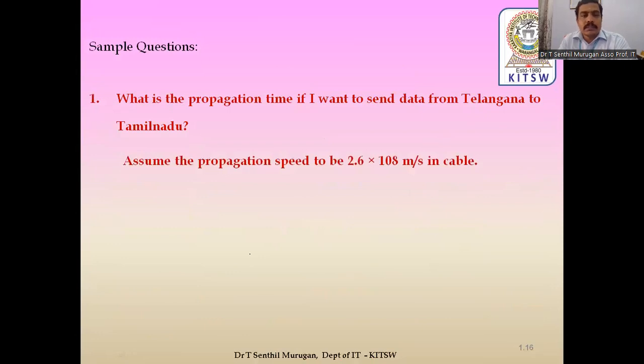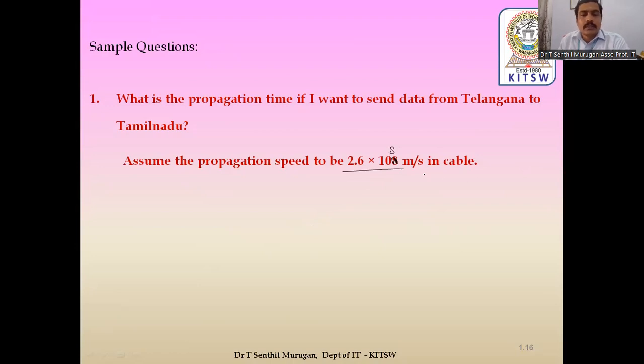Some sample questions for that. What is the propagation time? If I want to send data from Telangana to Tamil Nadu, I am in Telangana and I want to send some data to Tamil Nadu, what is the propagation time I'm asking? The propagation speed I will give is again 10 power 8 meters per second in cable.